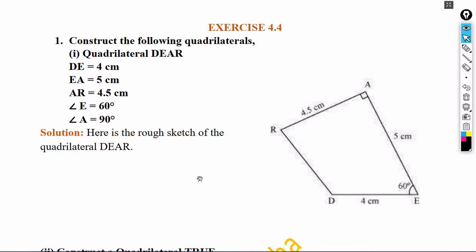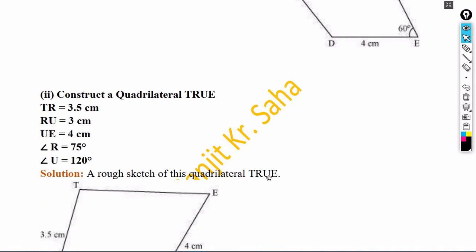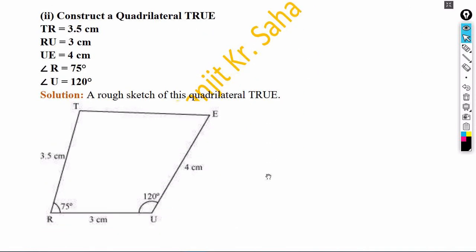Now question number 1, construct the following quadrilateral DEAR. DE equal to 4 centimeter, EA equal to 5 centimeter, AR equal to 4.5 centimeter, angle E equal to 60 degree, angle A equal to 90 degree. Rough figure you have to show, and another quadrilateral TRUE.